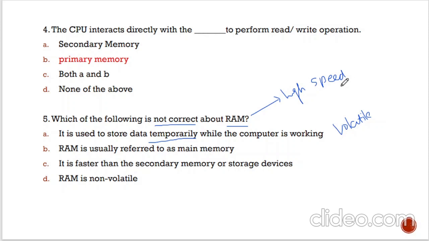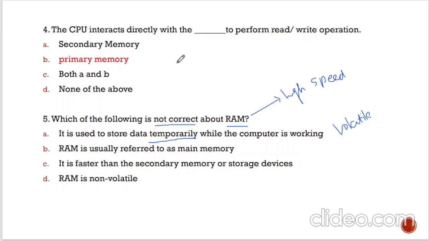To cope up with the speed of the CPU, the RAM is placed in between the secondary memory and the CPU. The data is permanently stored in secondary memory, and the CPU has to get the data from the secondary memory device. But the CPU has its own speed of access time and secondary memory has its own, which is a very large access time.